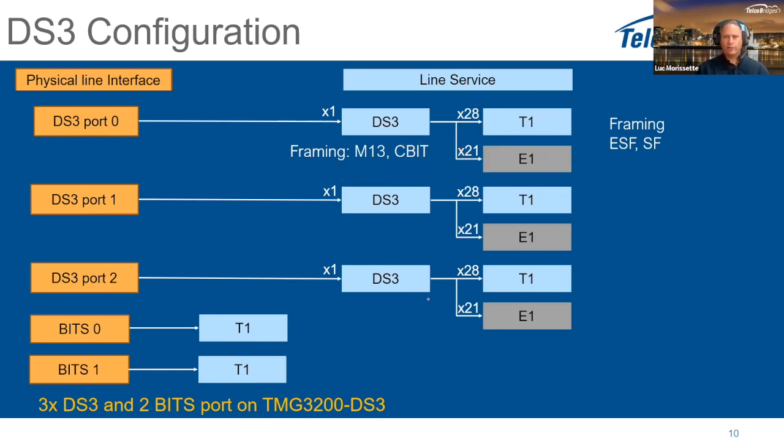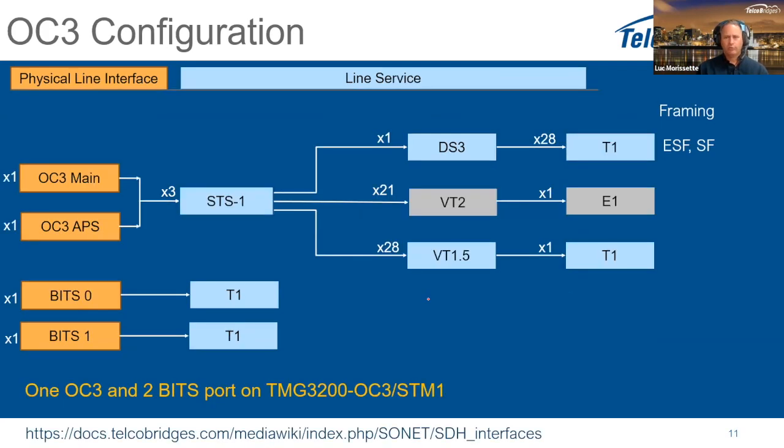Okay, so I won't show the DS3 configuration because in the OC3 configuration, we also configured the DS3 in the example we gave. So I will move on to the OC3 configuration right away. So this is optical carrier 3. This is a SONET specification, mostly used in North America.